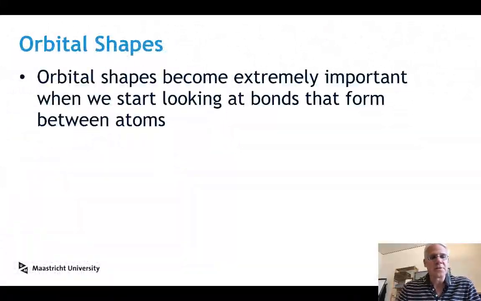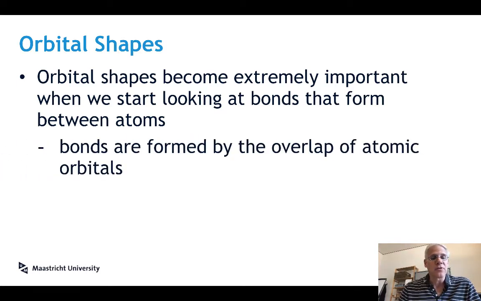And this all brings us to orbital shapes. When we're looking at where bonds form between atoms, the shapes of the orbitals become very important because bonds are formed by the overlap of atomic orbitals. So orbitals tend to have certain shapes, as we just talked about.